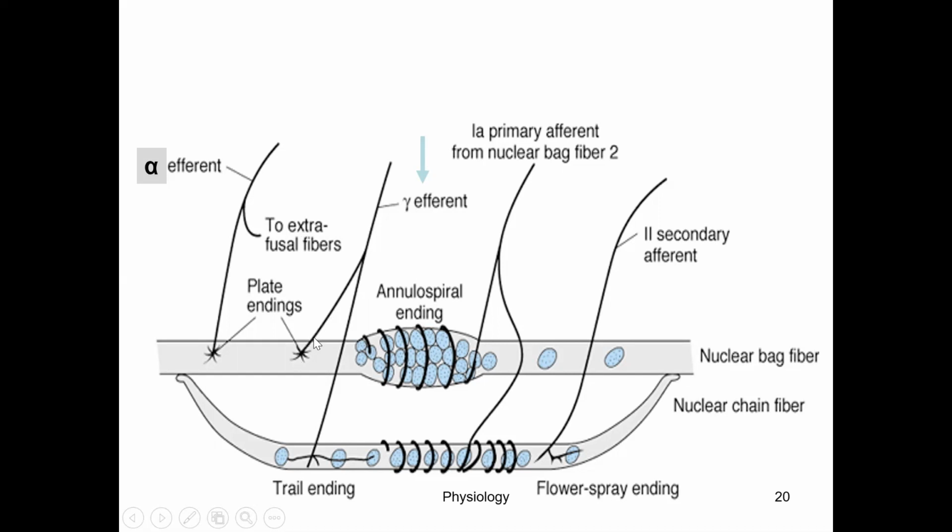Dynamic is for the contractile portion of the nuclear bag fiber, with plate endings. Static is called trail ending, to the nuclear chain fiber. So the afferents are group 1A and group 2, while the efferents are gamma fiber static to the nuclear chain fiber and gamma fiber dynamic to the nuclear bag fiber.